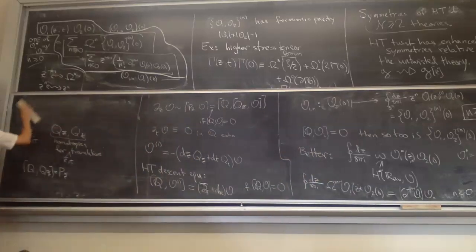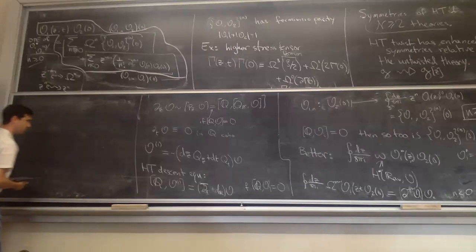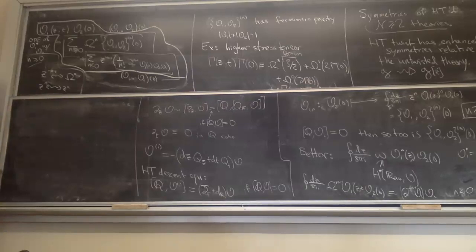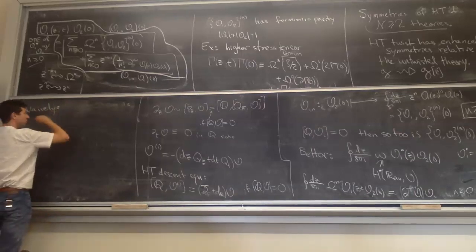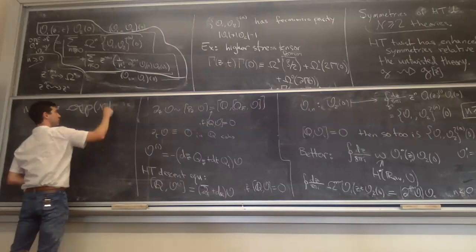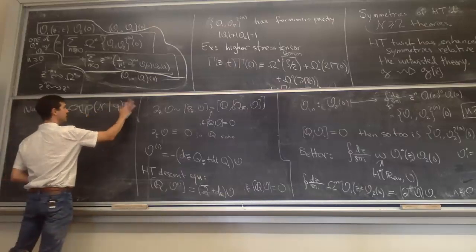So what's the expectation? Well, if you didn't know about this symmetry enhancement, you would expect the following. If you start with a superconformal field theory in 3 dimensions, it's got a symmetry algebra OSP n/4, where this n is the number of supersymmetries that your theory has.